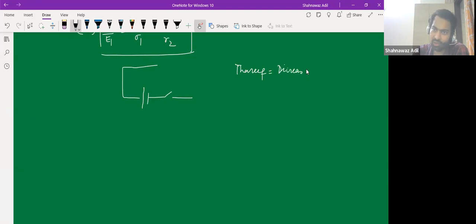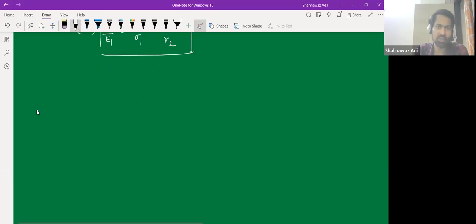So this will decrease. And whenever the battery is connected, then all the other things will increase. So this we know. Keeping that in mind, we have this question.